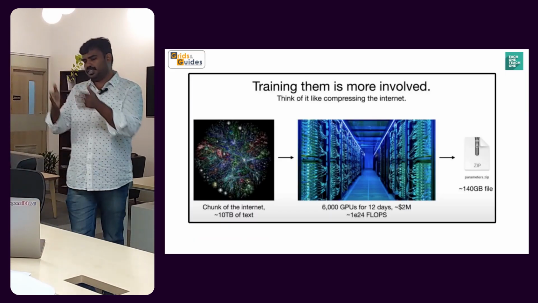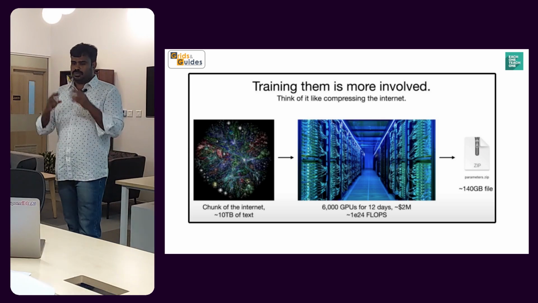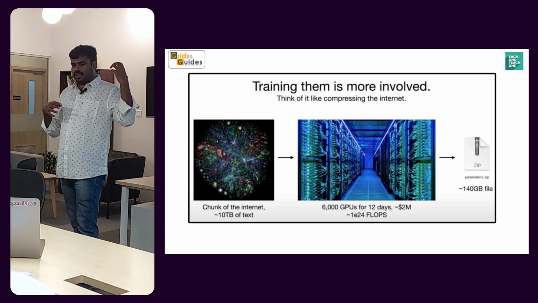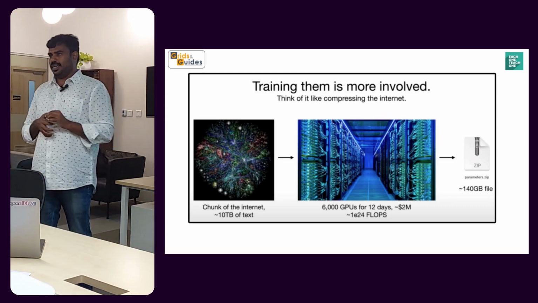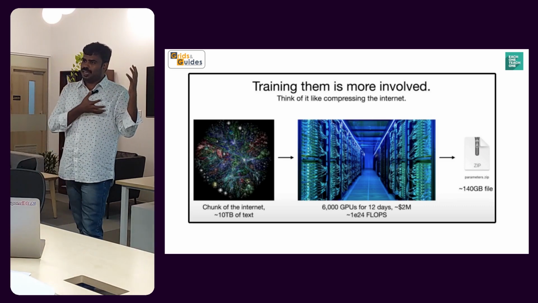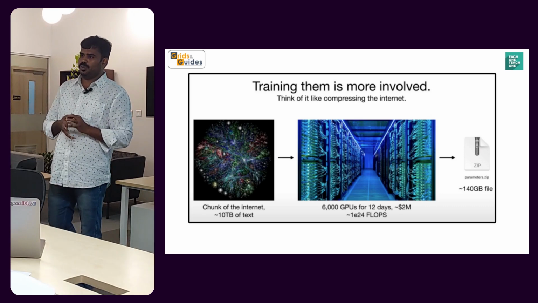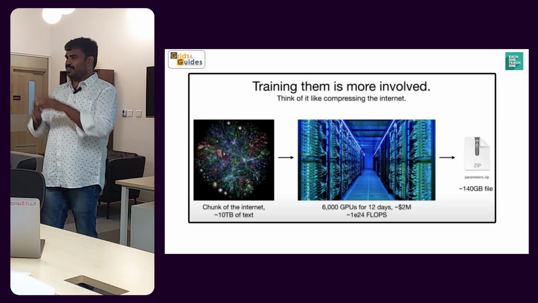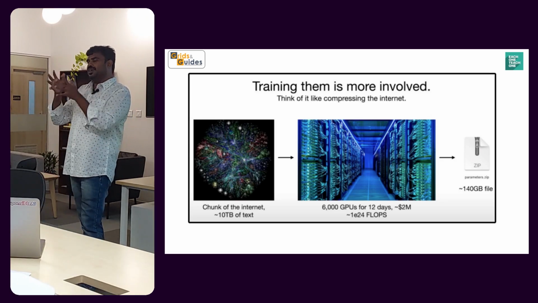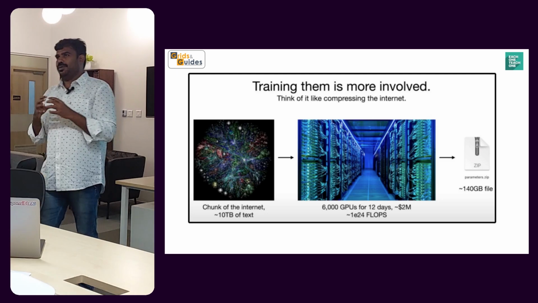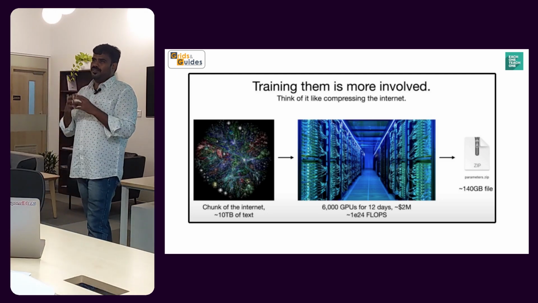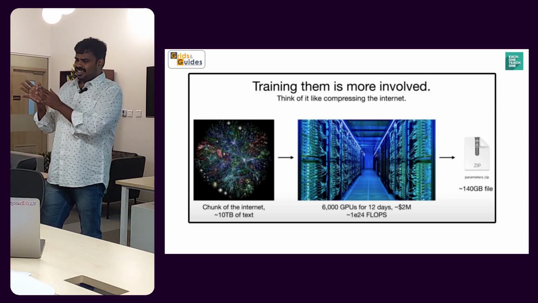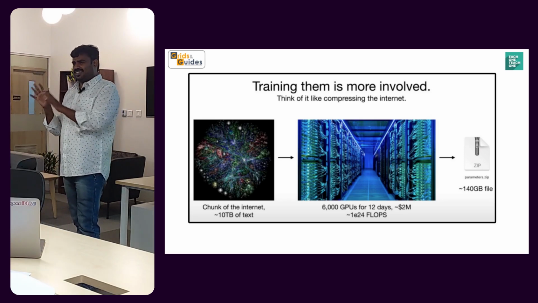So how did this 140 GB file come out? There is lots and lots of data on the internet. They give the data into the model, which is again a kind of neural network. People who built these, PhD scholars and researchers, whenever I talk to them, at some point they say that it just works like this.